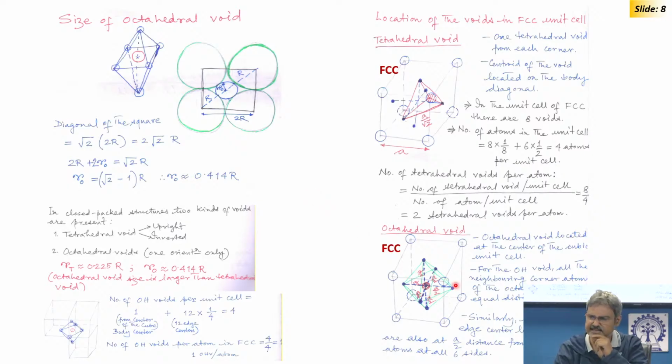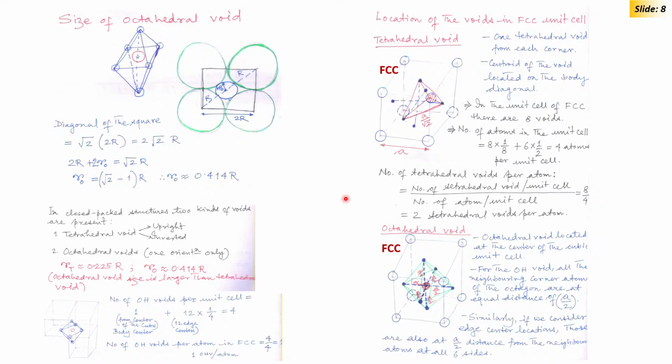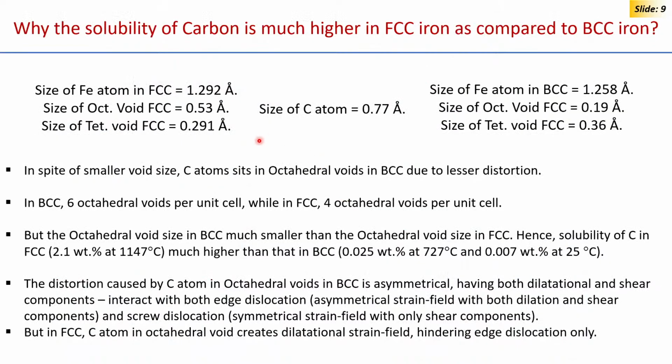Here we are showing the carbon getting into the octahedral site in FCC, which is the edge center position or the body center position. Now, the summary of this is given in this slide, that size of iron atom you can see here, size of octahedral void in FCC you can see here, tetrahedral void is even smaller, size of octahedral void in FCC you can see here. So, now a carbon atom size is also shown here.